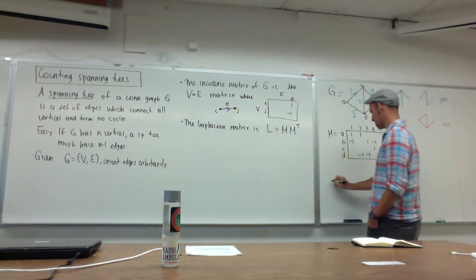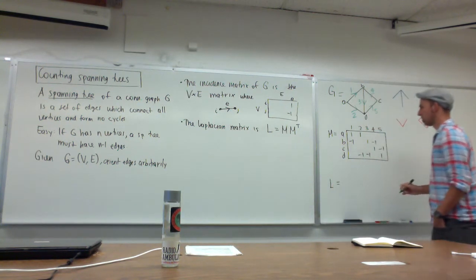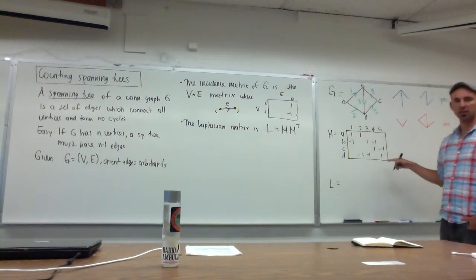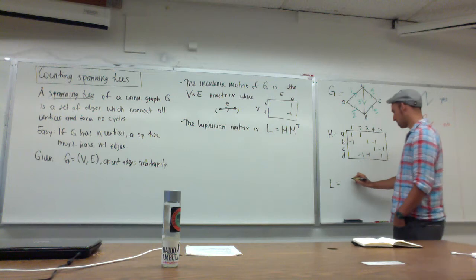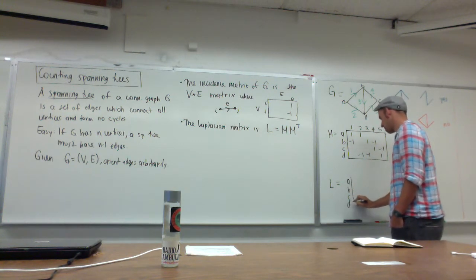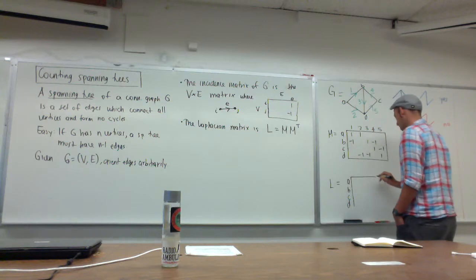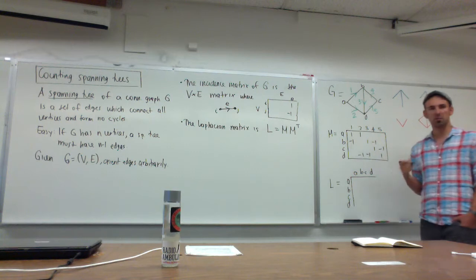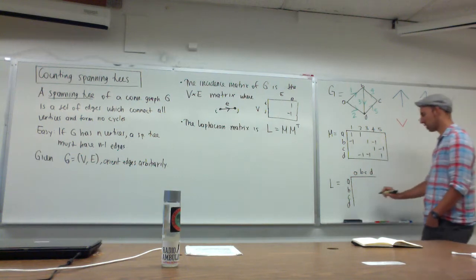If you think about that, I'm going to imagine multiplying M by the transpose. M is a V by E matrix. The transpose is an E by V matrix, and so when I multiply them, I'm going to get a V by V matrix.